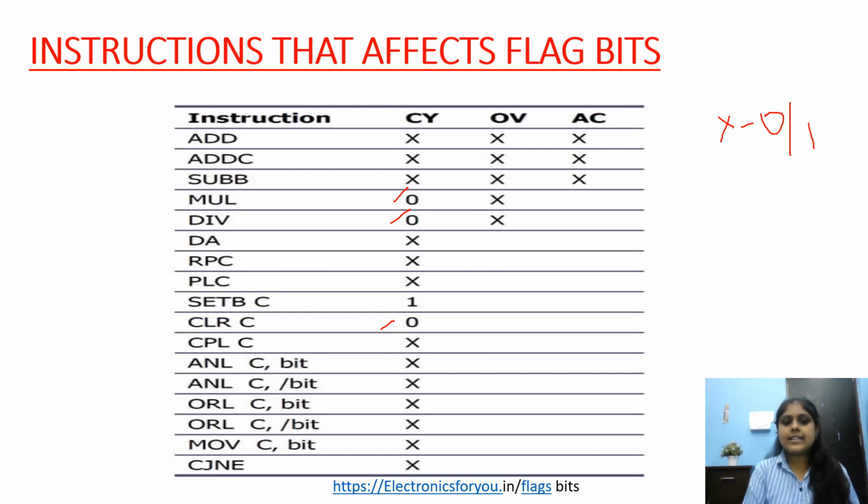ANL C, bit, that is the AND operation, is also 0 or 1, and ANL C with the NOT of the bit, and the OR operation ORL C, is also 0 or 1. MOV C, bit and CJNE, compare and jump if not equal. Overflow is also the same thing, and the auxiliary carry flag.